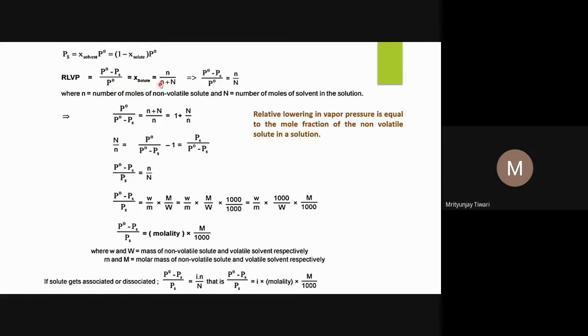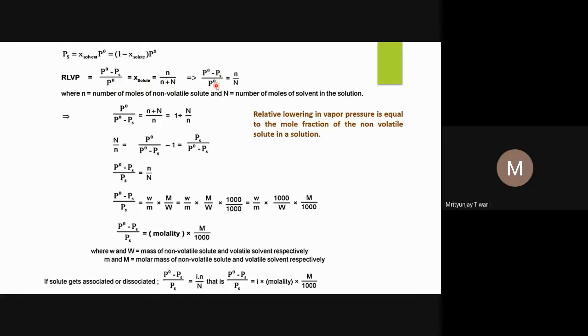And if this is a very dilute solution, then what can we do? The number of moles of solute will be very small in comparison to the number of moles of the solvent. And in addition and subtraction, if one number is extremely smaller than another number, then you can ignore the smaller number. So we can ignore this number.